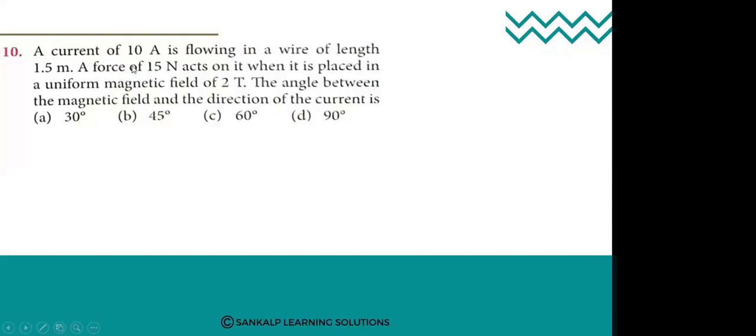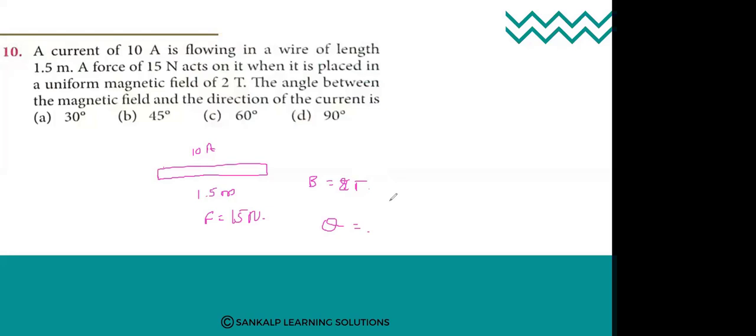So you have a wire with current of 10 ampere, its length is 1.5 meter, and the force acting is 15 Newton. The magnetic field value is given as 2 Tesla. What is the angle between the magnetic field and the direction of the current? That means you need to calculate the theta value.